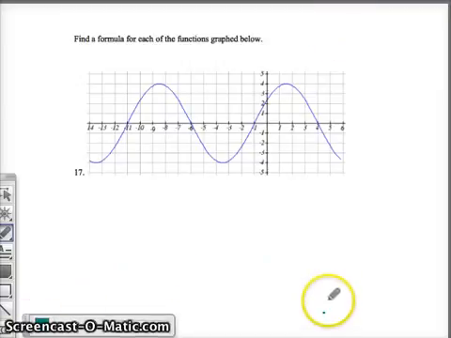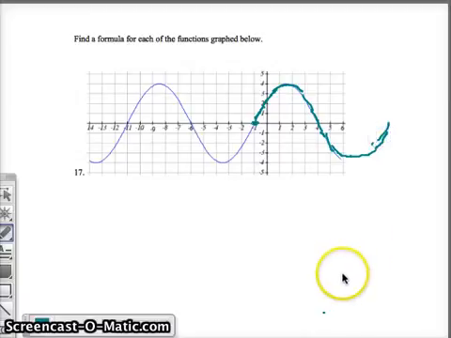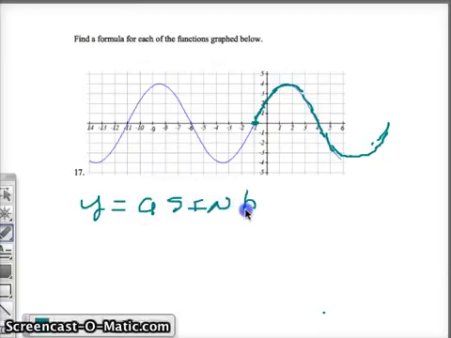All right, find the formula for the function. Now that is a good question. Well, we have to decide between sine and cosine. This is sine. Sine starts right here. So I'm just going to treat it like I'm trying to find the equation of that sinusoid. All right, so remember we have y is equal to a sine of bx minus c plus d.